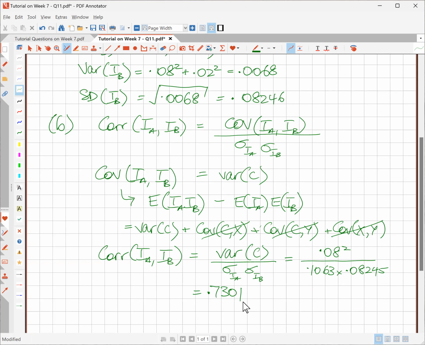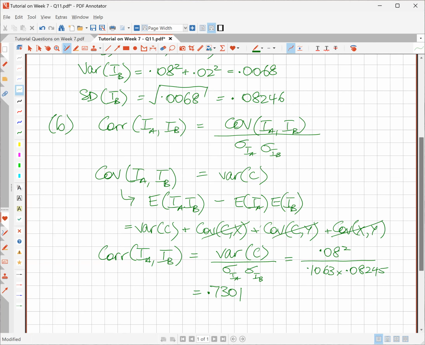And we know that's a fairly hefty correlation, but it certainly isn't perfect. Okay, so we would say these two assets are fairly strongly correlated.